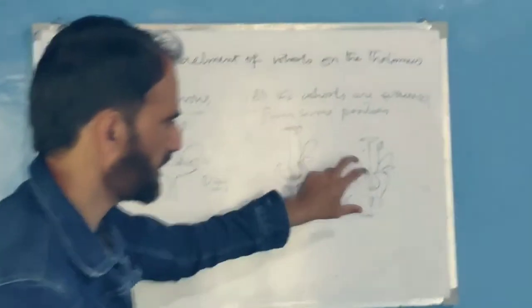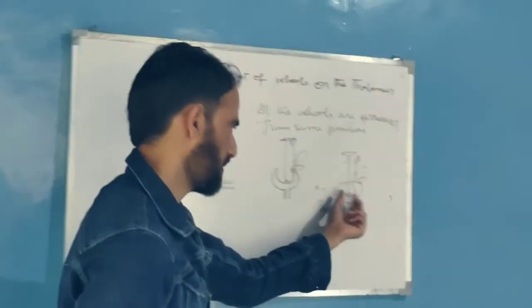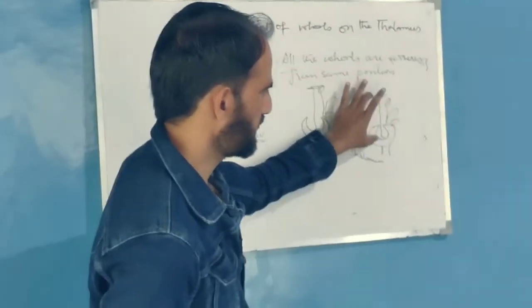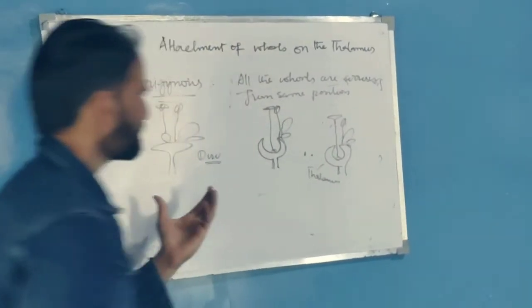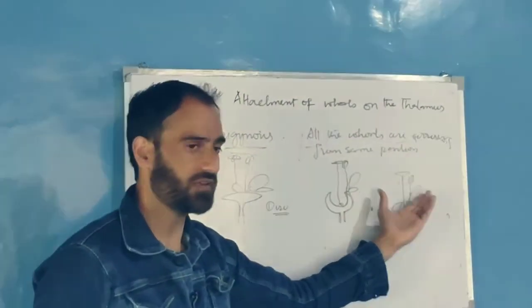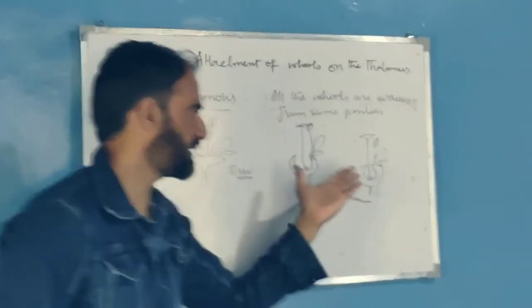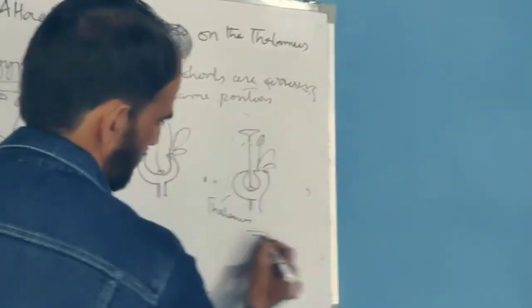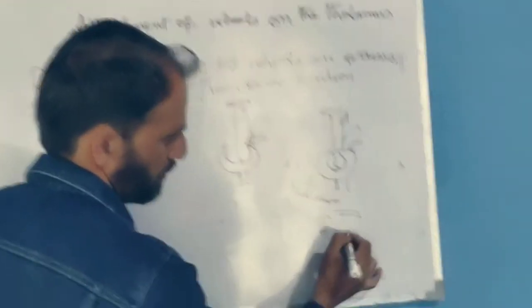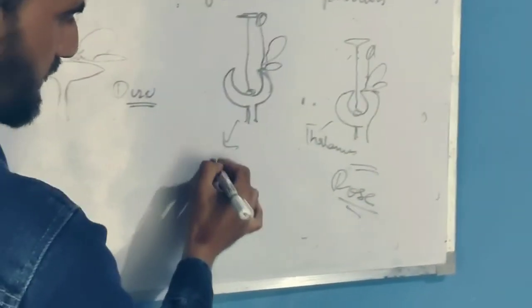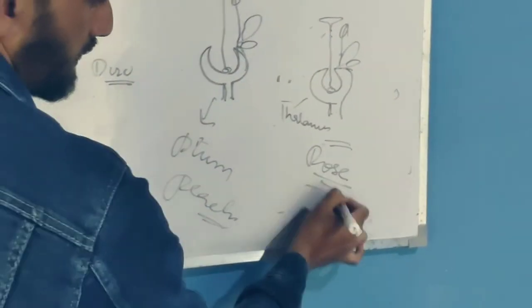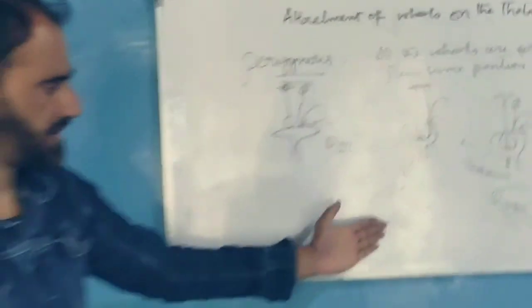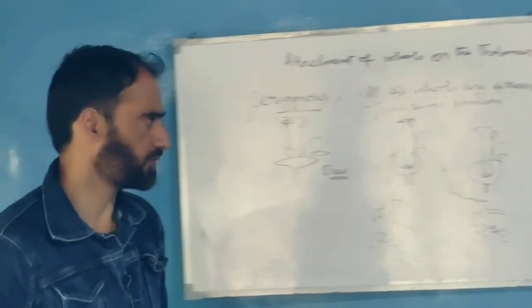So here also, origin wise the ovary has a different position, but position wise all whorls are arising from the same thalamus. These are the conditions. The cup shaped type is seen in rose, and the funnel shaped type is seen in plum and peach.